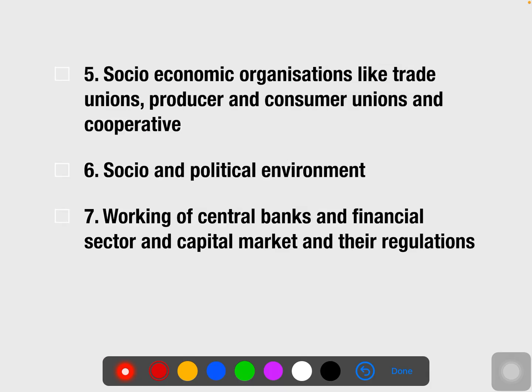And then socio-economic organizations, like groups of people who formed a union to help each other. Trade unions have formed to help in trade, and there are producer and consumer unions. Consumer unions help each other and protect consumer interests when any consumer faces a problem. Producers do the same, forming a union to protect themselves.